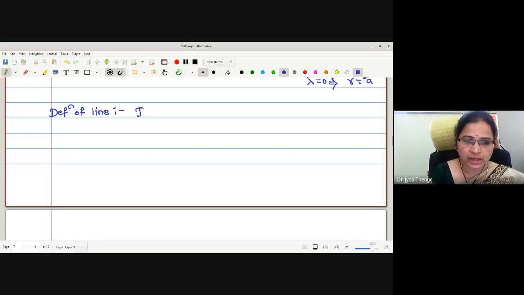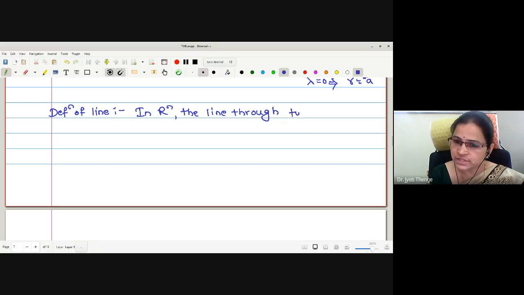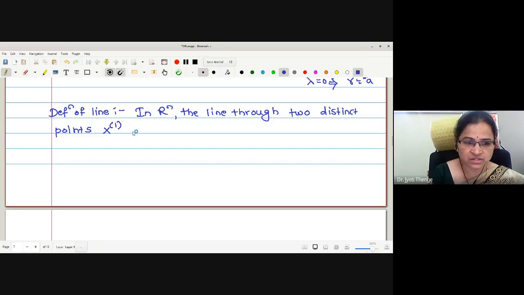Definition of a line in Rn, the line through two distinct points. The symbol we are using for the vectors is x1 and x2.